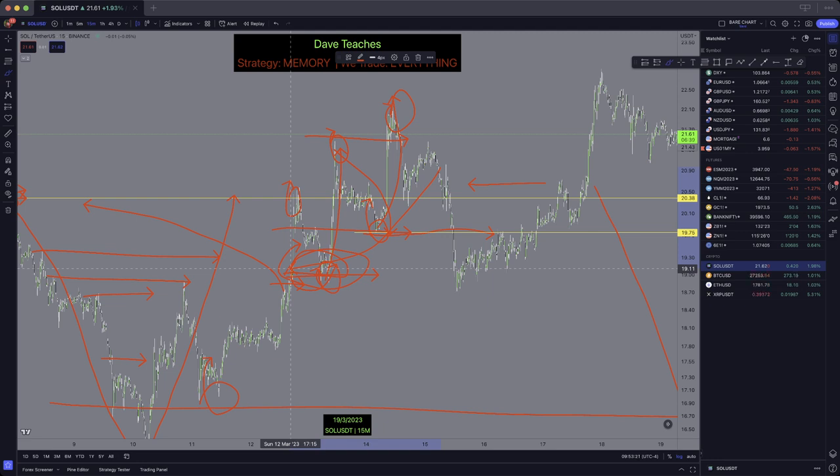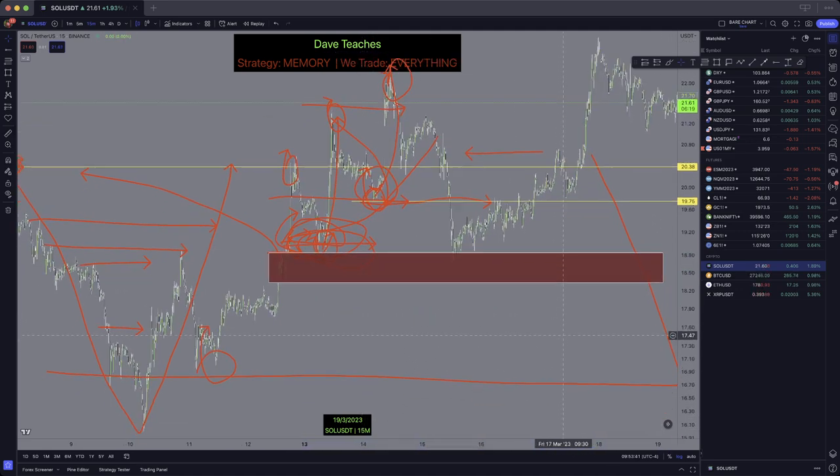Both this is a validated low and this was a validated low. We take out both of them, and we go back to the S&D responsible for the break.